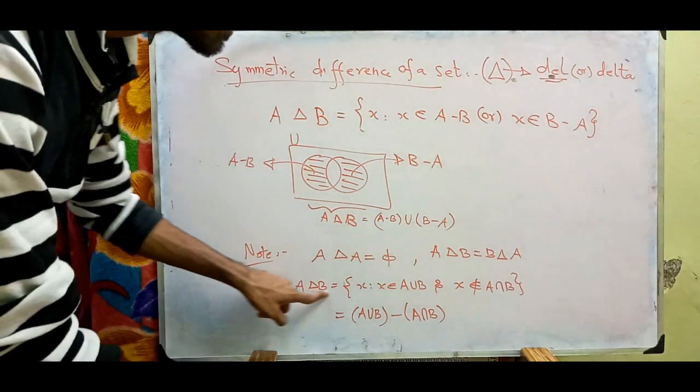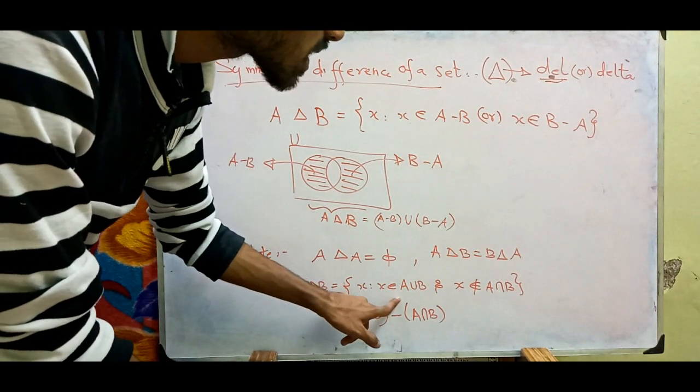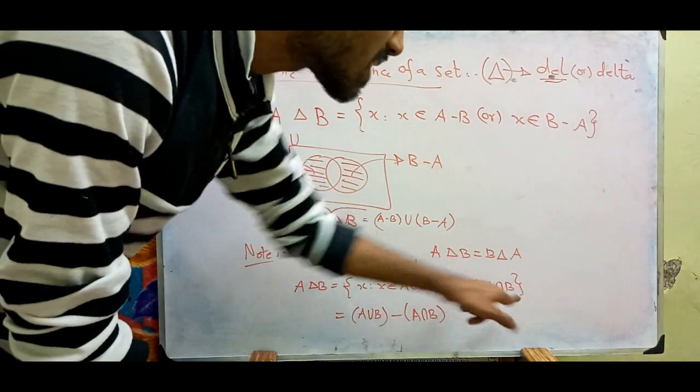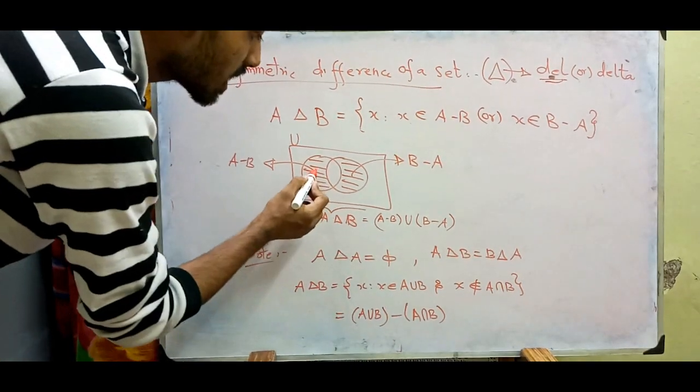And the next thing is A symmetric difference B is nothing but x belongs to A union B and x does not belong to A intersection B. The same thing happens here.